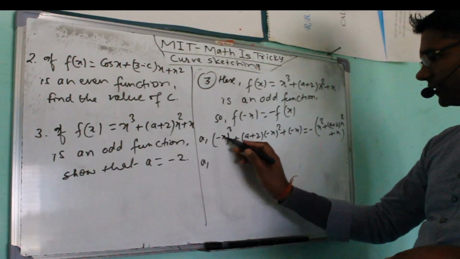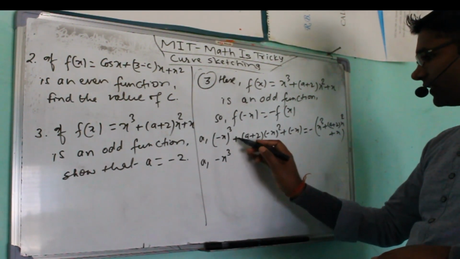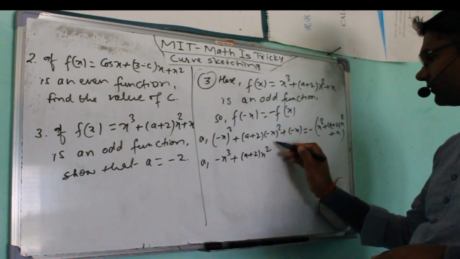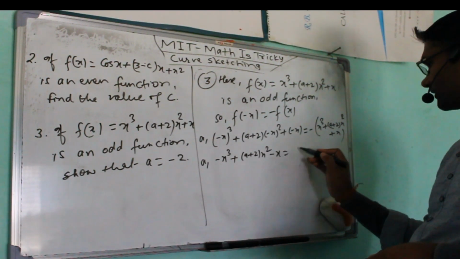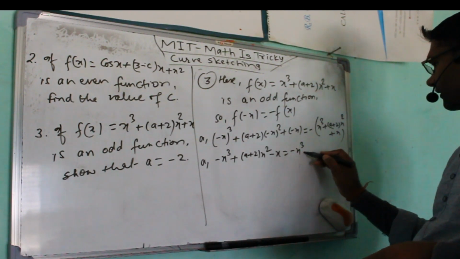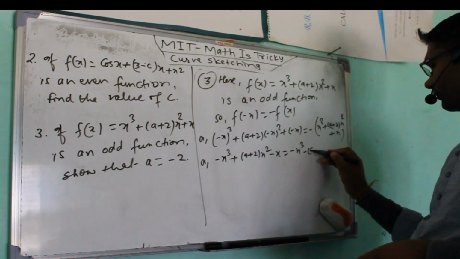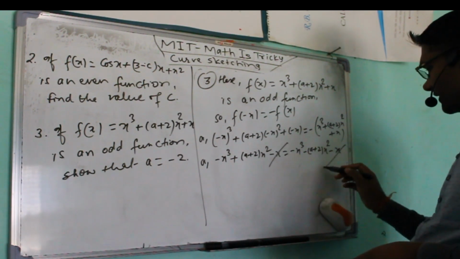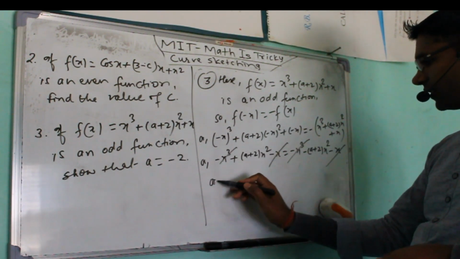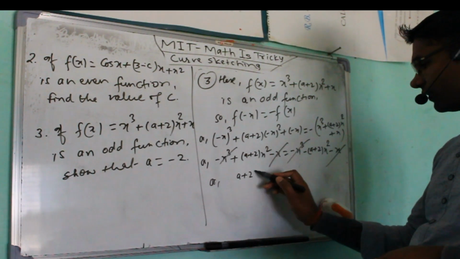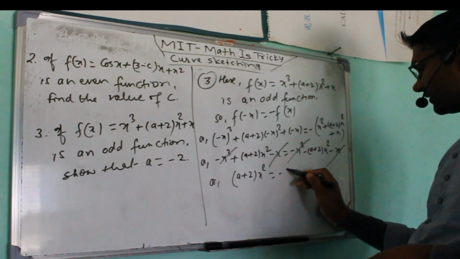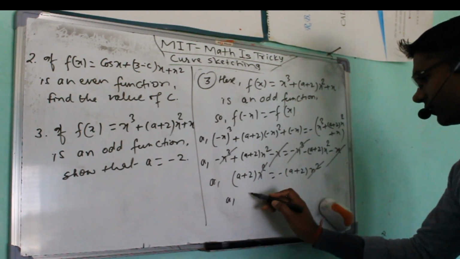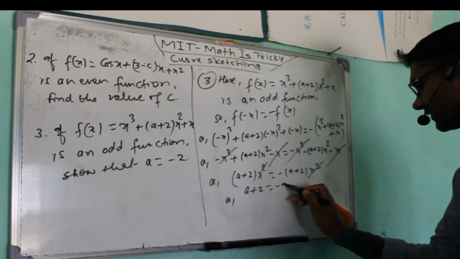By simplification, we get −x³ + (a + 2)x² − x equals −x³ − (a + 2)x² − x. The −x cancels, −x³ cancels, and then we are getting (a + 2)x² equals −(a + 2)x². x² cancels. So we now have a + 2 = −a − 2.